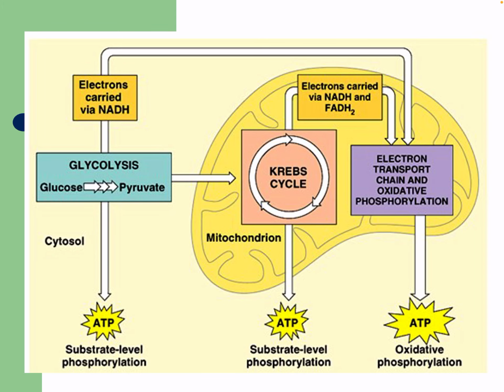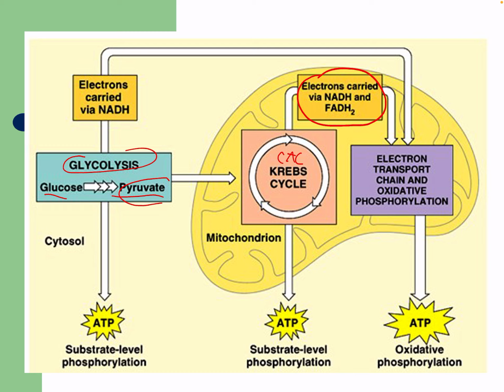So here's a big overview picture of the three steps of glucose oxidation. So again, we have our glycolysis, which is going from glucose to pyruvate. And this pyruvate enters into the Krebs cycle or citric acid cycle. And then this produces some ATP as well as a bunch of electron carriers.